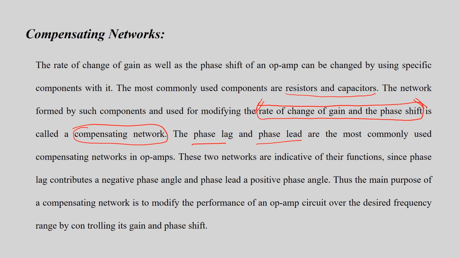These two networks are indicative of their functions, since phase lag contributes a negative phase angle and phase lead a positive phase angle. Thus, the main purpose of a compensating network is to modify the performance of an op-amp circuit over the desired frequency range by controlling its gain and phase shift.